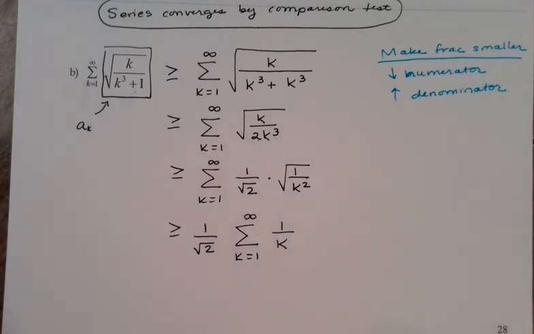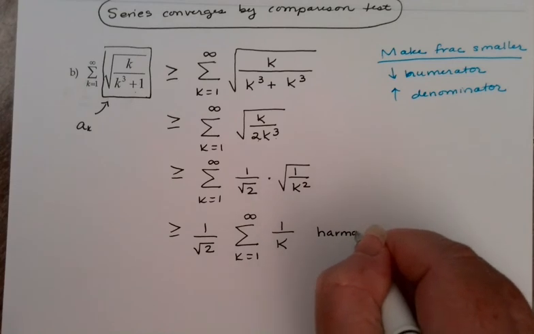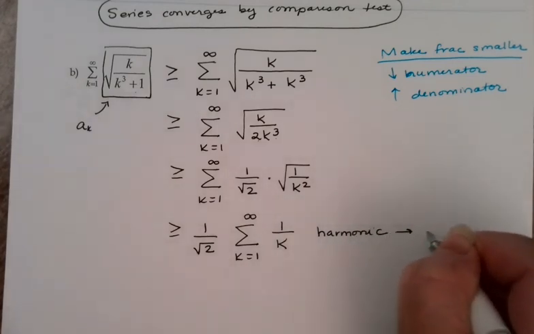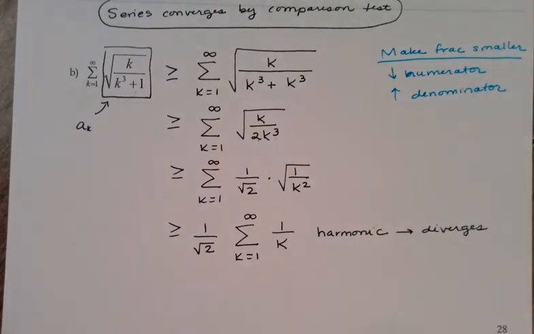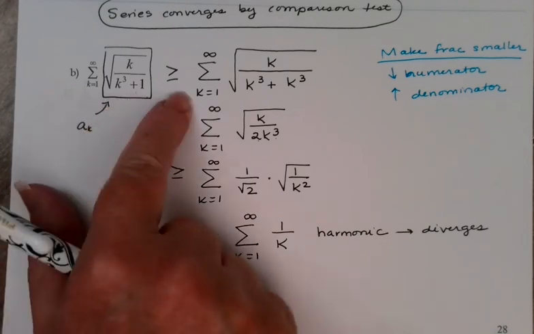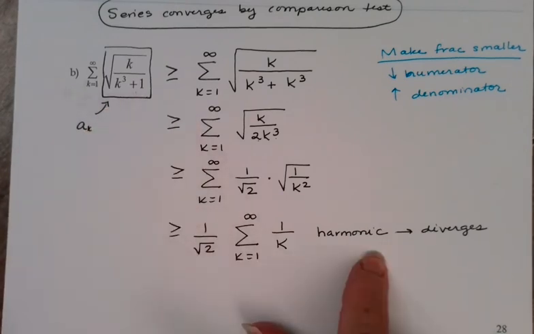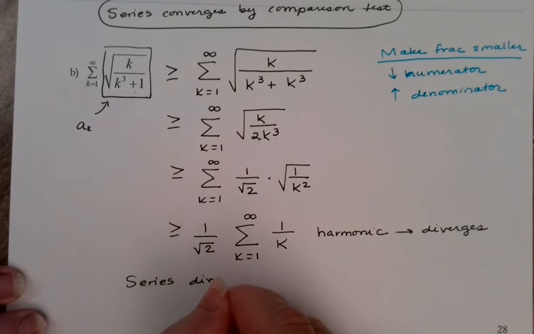And of course, I now recognize that as a harmonic series, meaning it diverges. So, my original series is bigger than something that diverges. That means my original series also diverges by the comparison test.